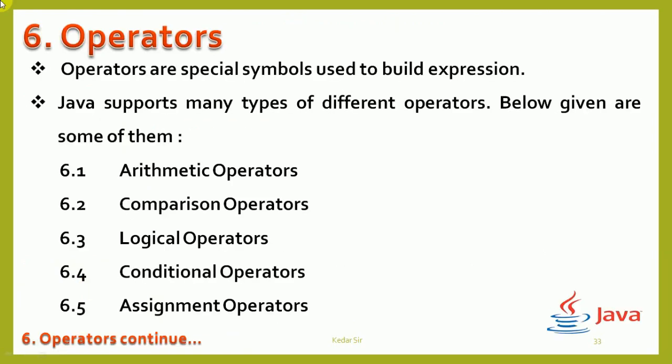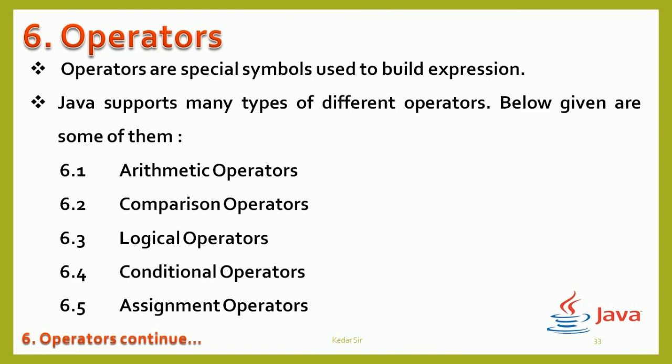After that, the next topic is operators. Operators are the special symbols used to build expressions in your Java program. It is very important for the Java programmer. You can use these operators and build your Java expressions.